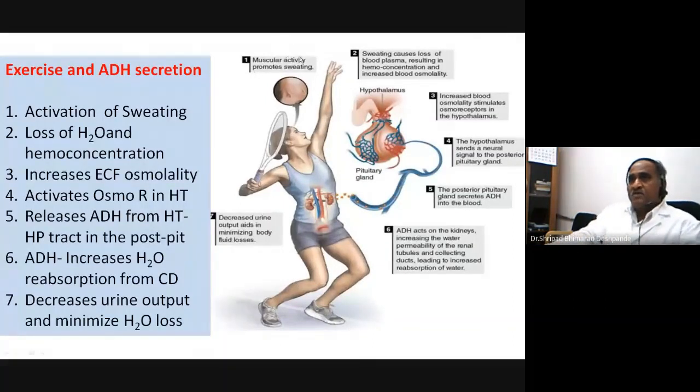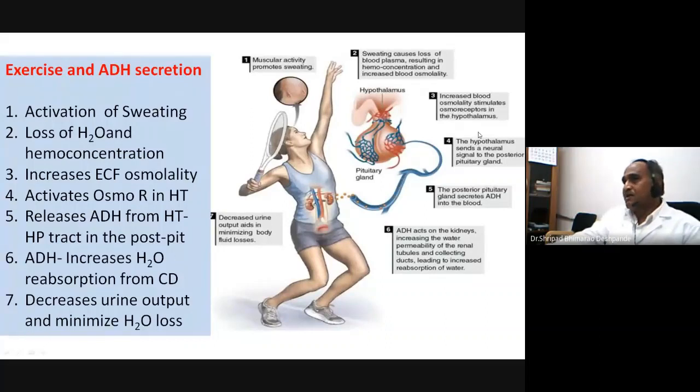When you start muscular activity, that promotes sweating, as we all know. Sweating results in loss of water, and the loss of water leads to hemoconcentration. Once there is hemoconcentration, it increases the ECF or extracellular fluid osmolality.